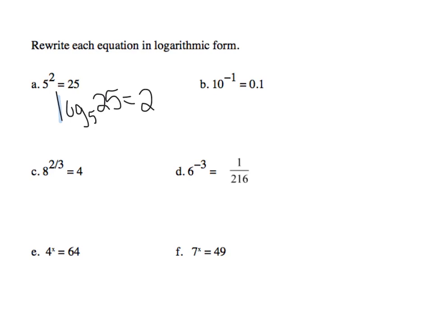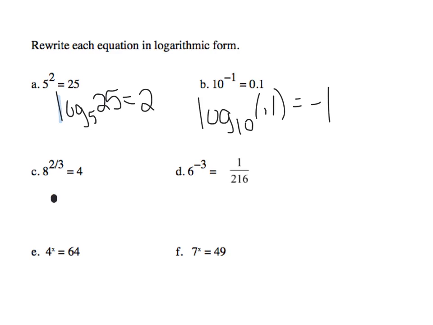Okay, again, just looking at several different examples. On letter B, 10 is our base. Our exponent is -1 and it equals 0.1. If we are going to rewrite that, we would rewrite it as log base 10 of 0.1 equals -1. Moving on to letter C, just multiple examples here.